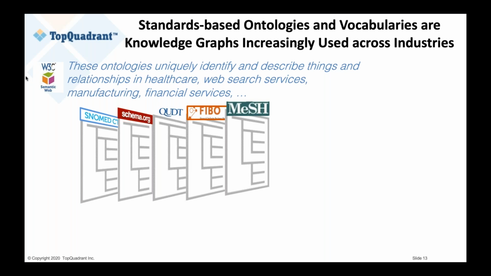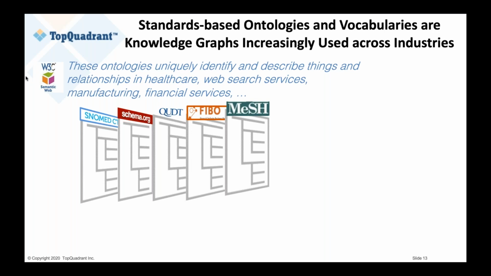QUDT is about units of measure, quantities and dimensions. And schema.org is a very popular one created by Google jointly with other search engine vendors such as Microsoft Bing, Yahoo, etc. And that's for extracting structured data from web pages.